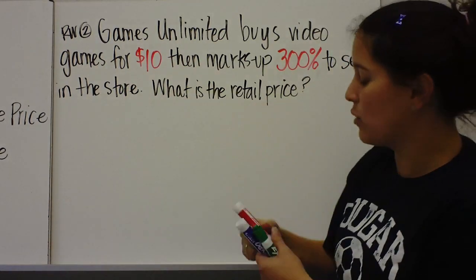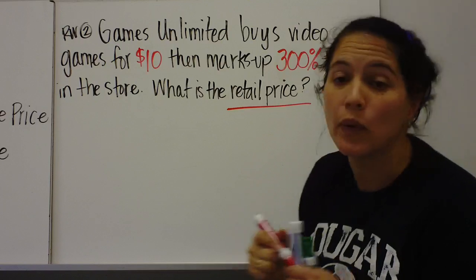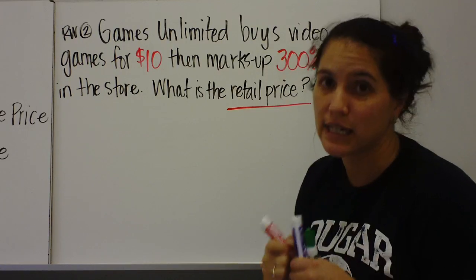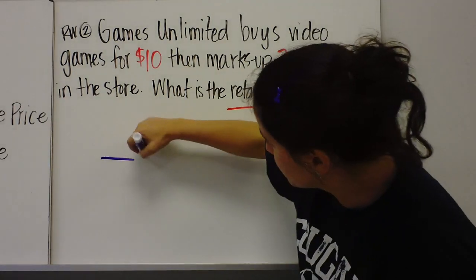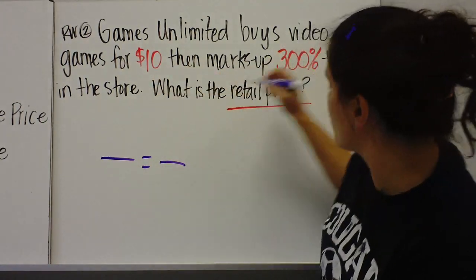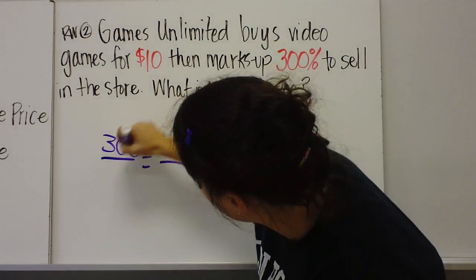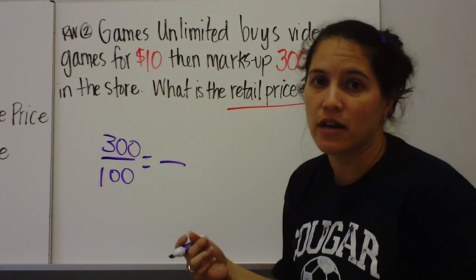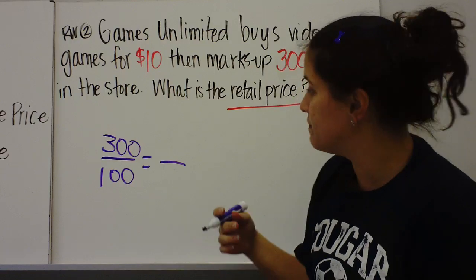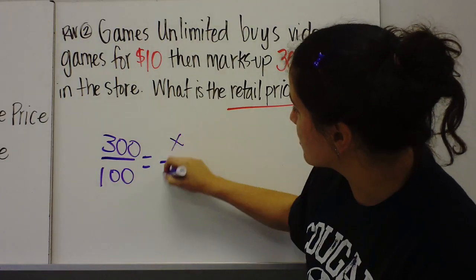What is the retail price? So this is the new price we are looking for. What is the retail price? So we're going to set up a proportion. And 300 over 100. Even though it's over 100%, percent is always out of 100. So 300 over 100. And then x over 10.